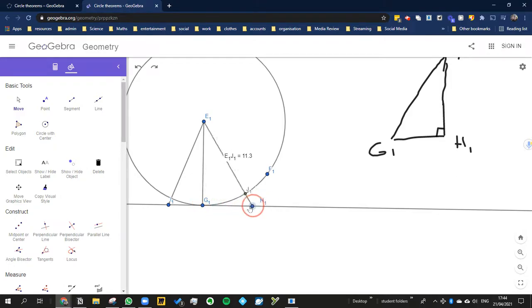Up until that point, it's always going to be longer, and so that would have to be a hypotenuse if it was a right angle triangle, and this angle could never be 90 degrees. If we were doing a right angle triangle, it would have to be this angle here. So that's the proof of that circle theorem.